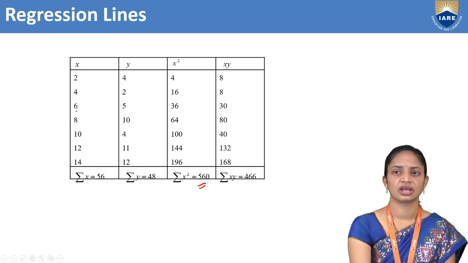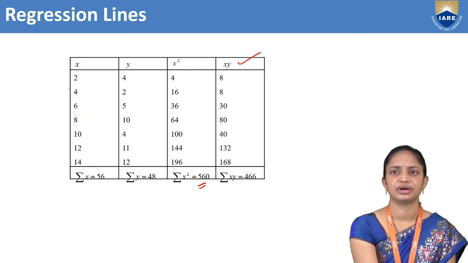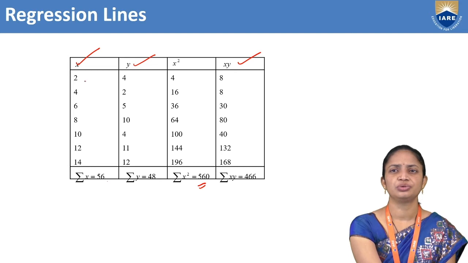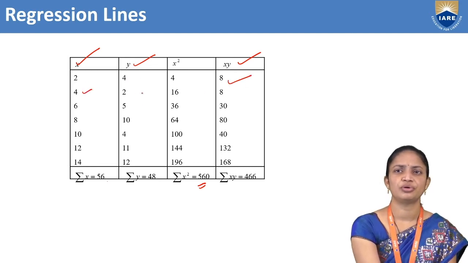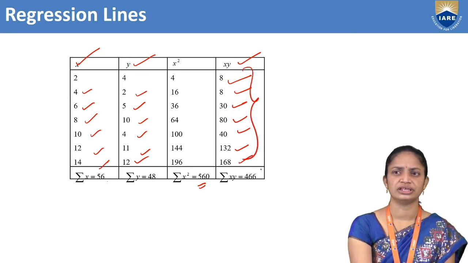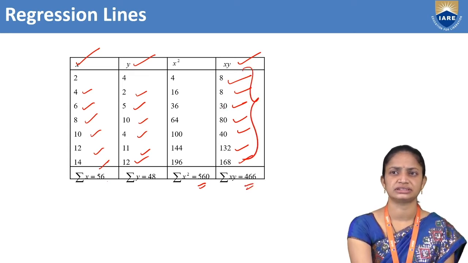Next we need to calculate xy. These are the x values and these are the y values, and we need to multiply them. 2 into 4 is 8, 4 into 2 is 8, 6 into 5 is 30, 8 into 10 is 80, 10 into 4 is 40, 12 into 11 is 132, and 14 into 12 is 168. The sum of all these values, 8 plus 30 plus 80 plus 40 plus 132 plus 168, is 466.